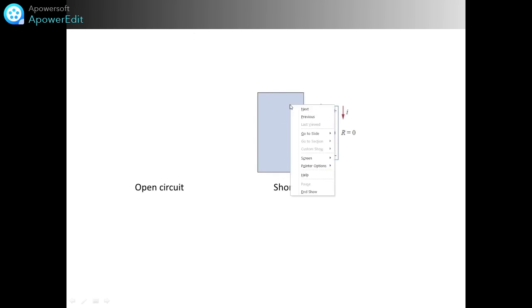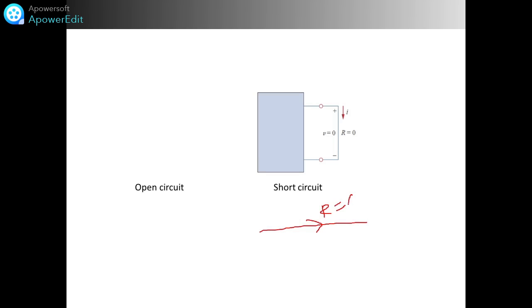Short circuit means if it is a wire, there is no resistance, so R is equal to 0. It is treated as a short circuit. If a wire breaks between two points, it is physically open, which means an open circuit.